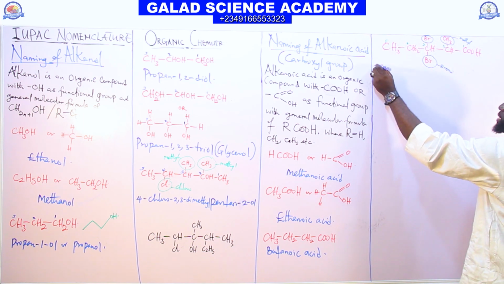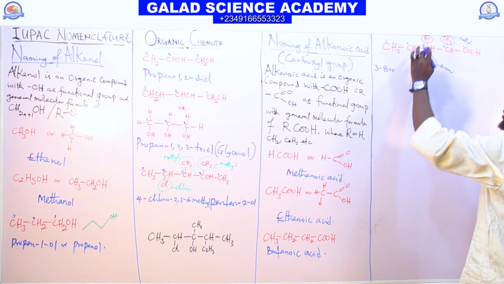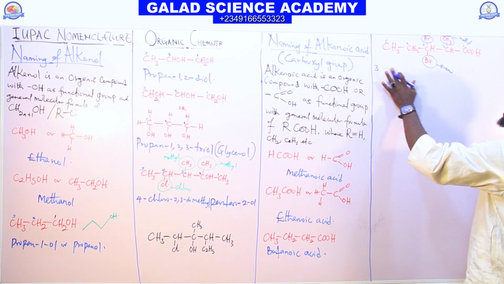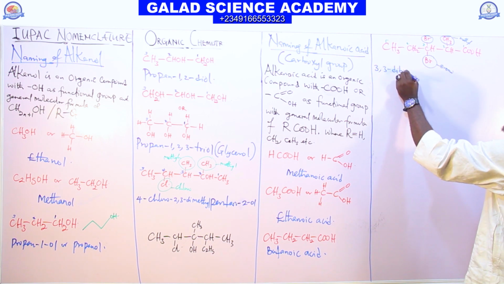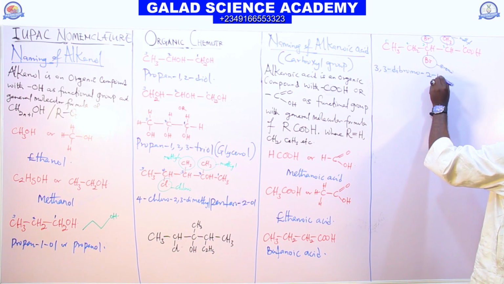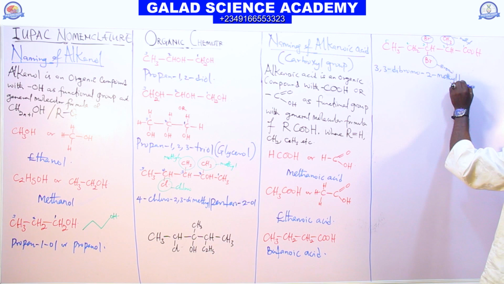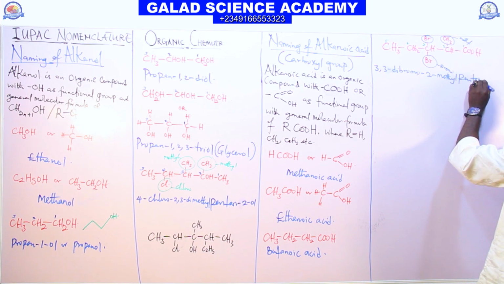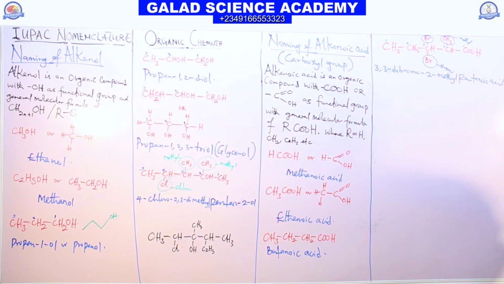We have 3,3-dibromo, 2-methyl pentanoic acid.